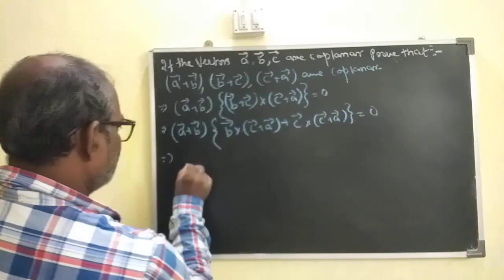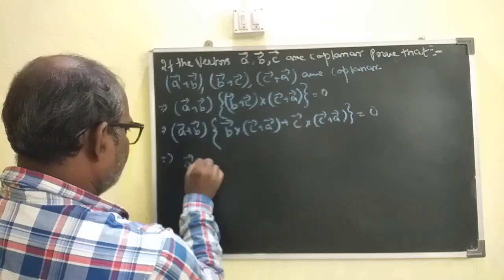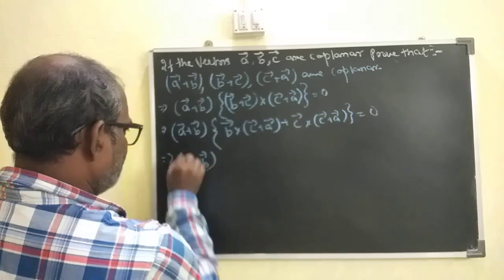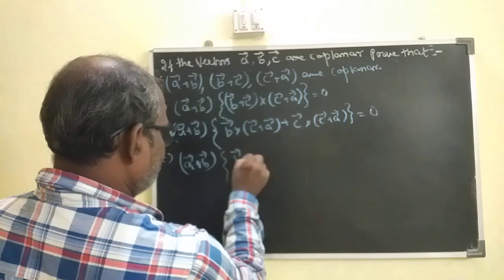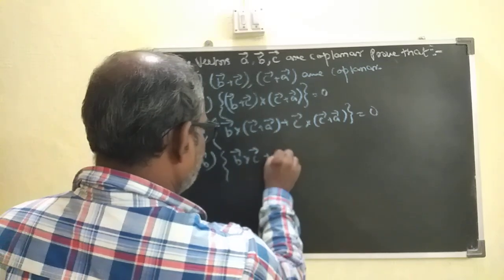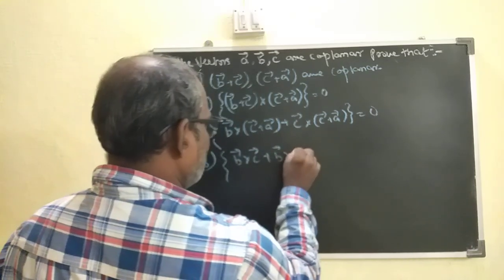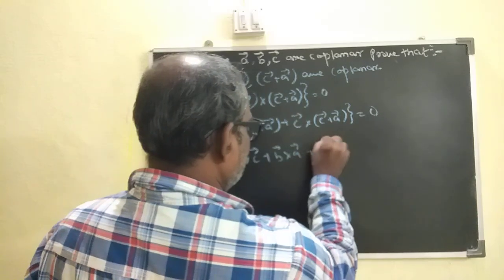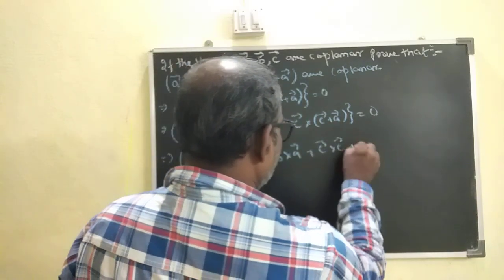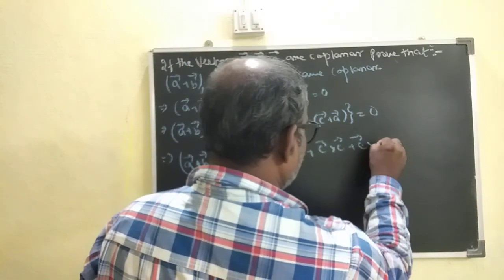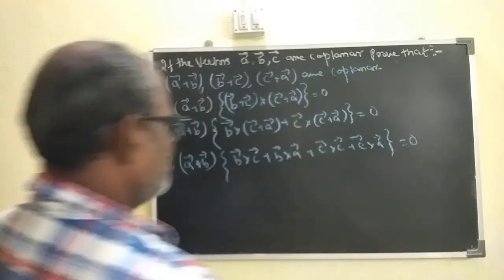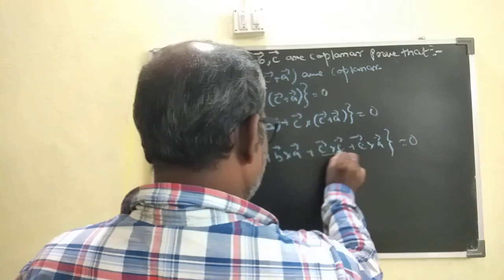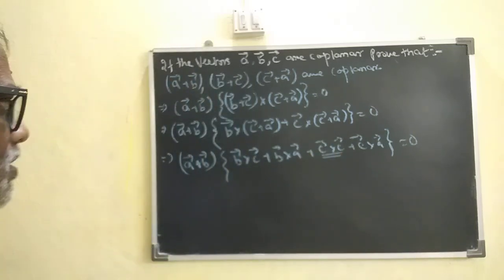So let us assume that A vector plus B vector, B cross C plus B cross A plus C cross C plus C cross A equals 0. Now we can see that this is 0.